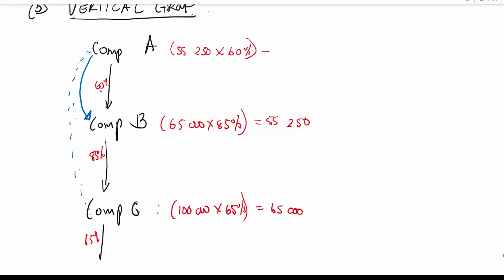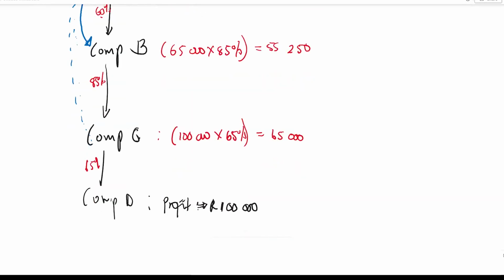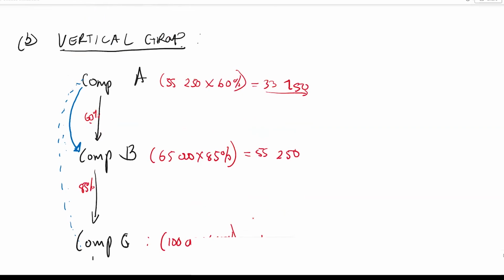They will give 60% of this to their parents, because that's how much they have in them. So 33,150 goes to the parent at the top. From this 100,000, actually 33,150 goes to the parent at the top.